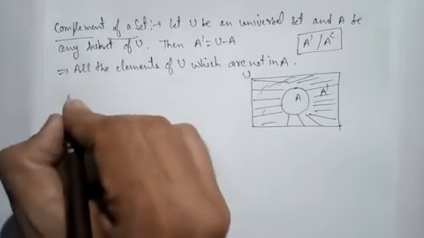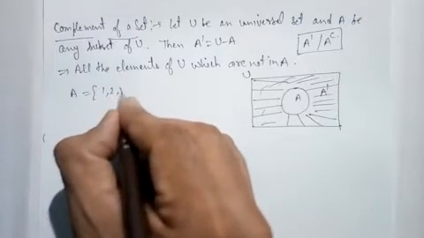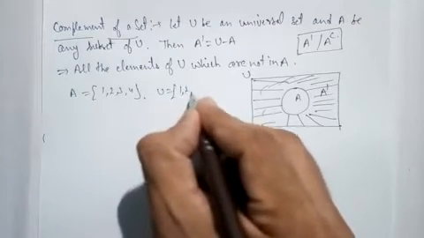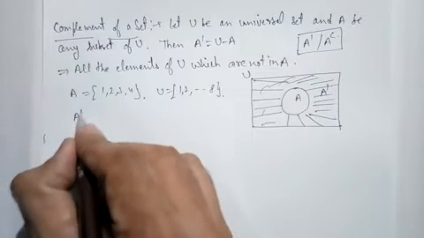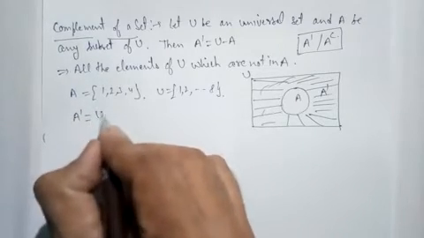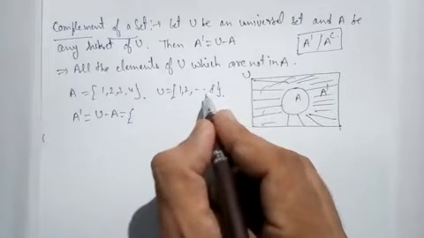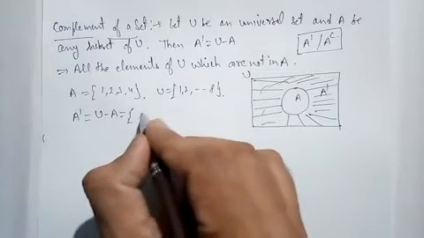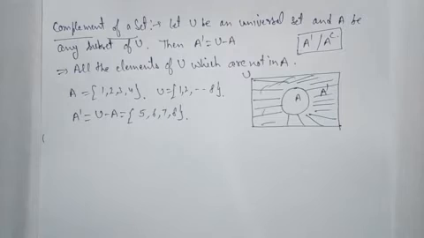Clear? For example, A is 1, 2, 3, 4. U is 1, 2, up to 8. Then if I would like to write A complement, this is U minus A, meaning all the elements of U which are not in A. So 5, 6, 7, 8 is the A complement.